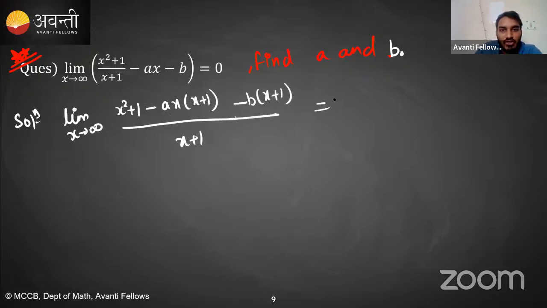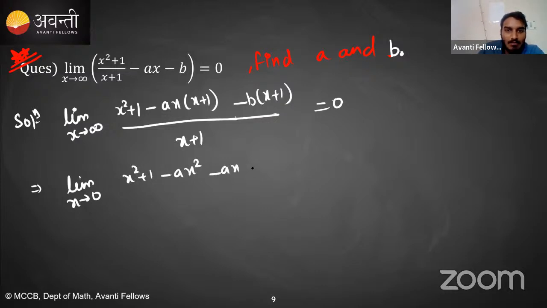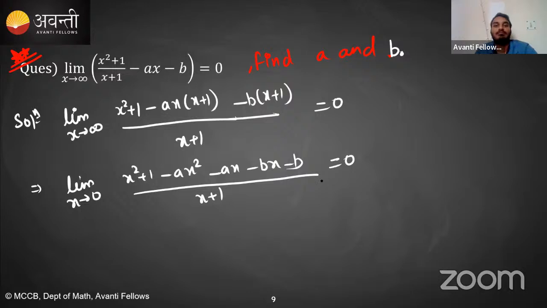This limit is 0. So now this can be written as limit x tending to infinity, x square plus 1 minus ax square minus ax minus bx minus b, divided by x plus 1, is equal to 0. Clear?